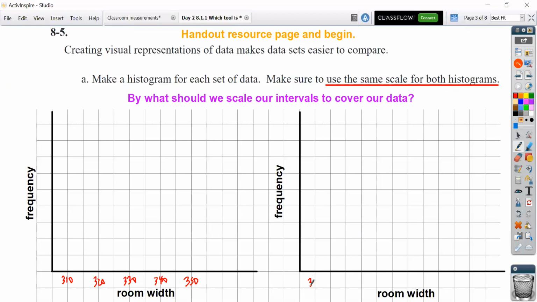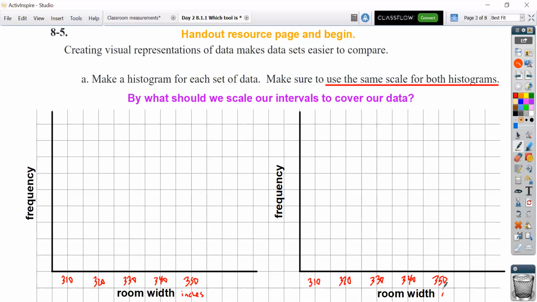So this will be my 310, 320, 330, 340, and 350 inches. Those are the width of the room in inches.